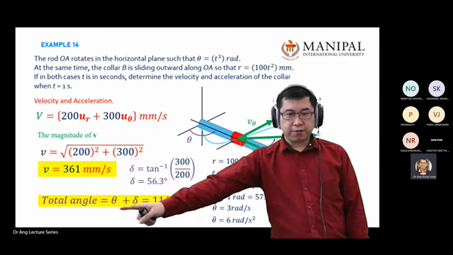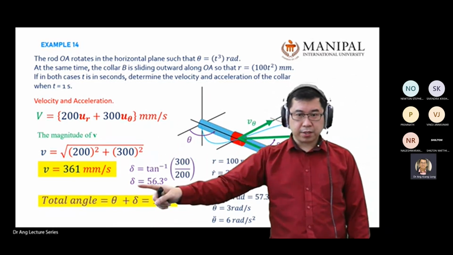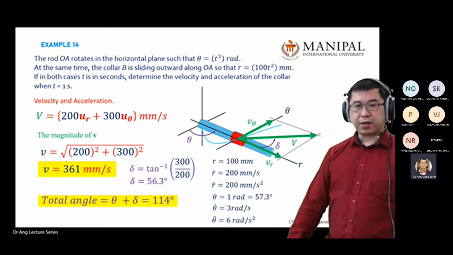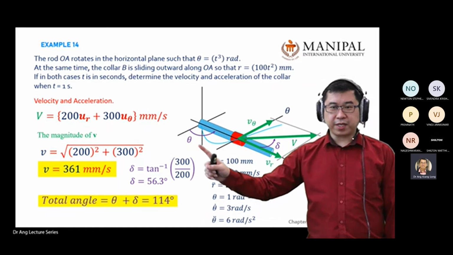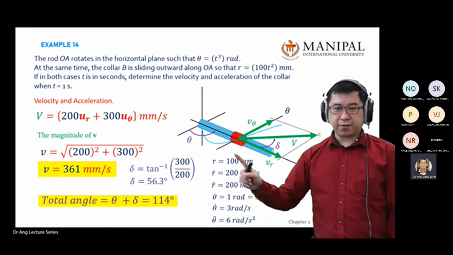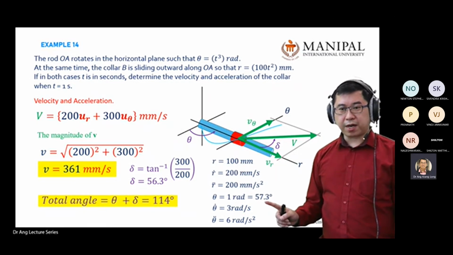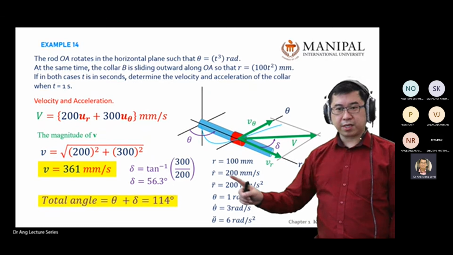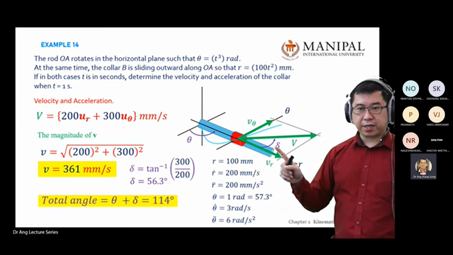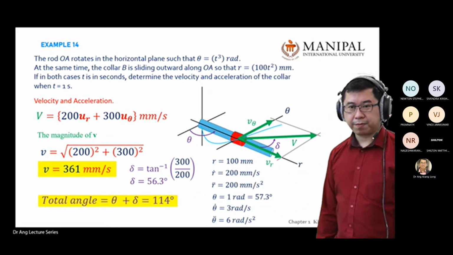The final answer for the direction of your velocity is 114. How do you get 114? You already found your 1 radian just now, 57.3 degrees over here. You already found the angle over here. So this one plus this one, you get this answer.